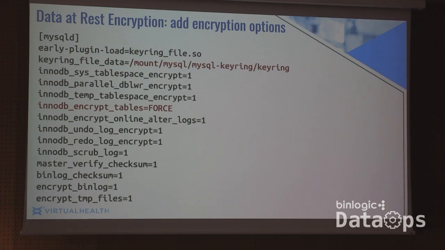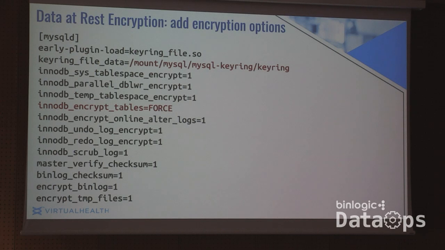So innodb_encrypt_tables=FORCE means that when you create a table, it will automatically be encrypted. If you don't put it there, that's fine, but then when you create a table, you will need to add ENCRYPTION='Y', encrypted equals yes. Another thing is the location of this keyring file. This is the implementation of the keyring plugin, which will hold our key.